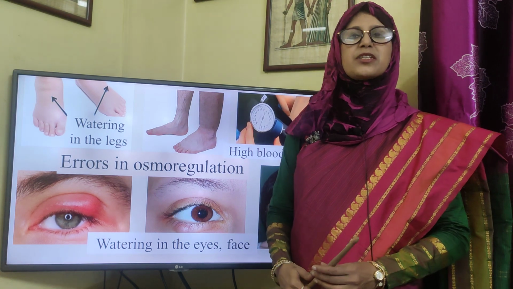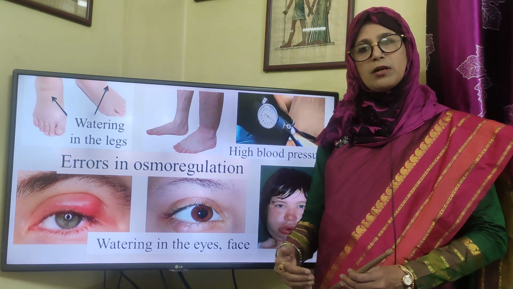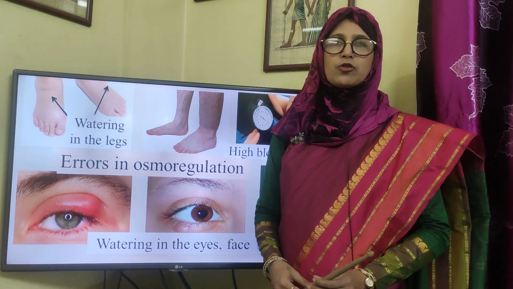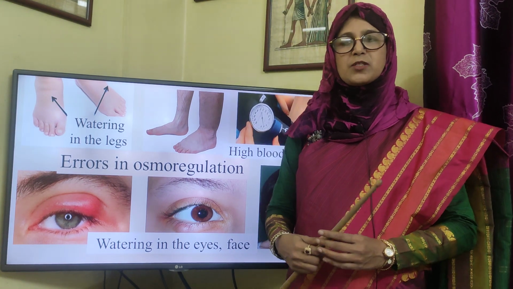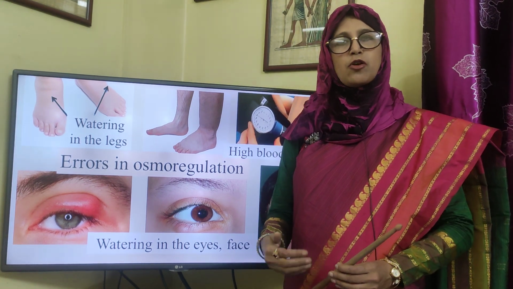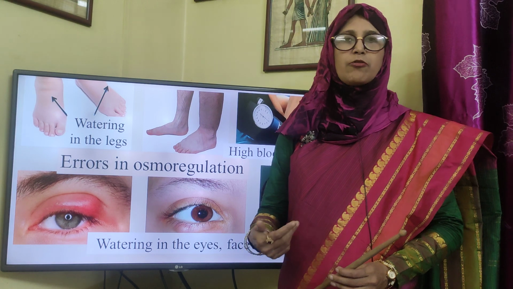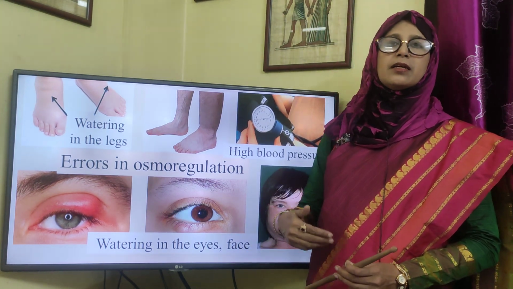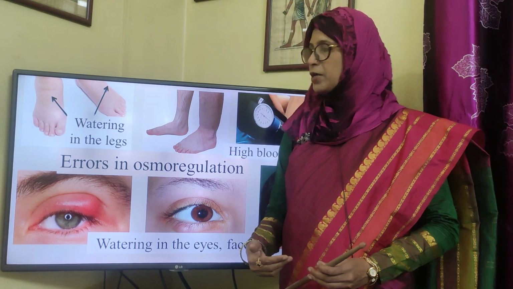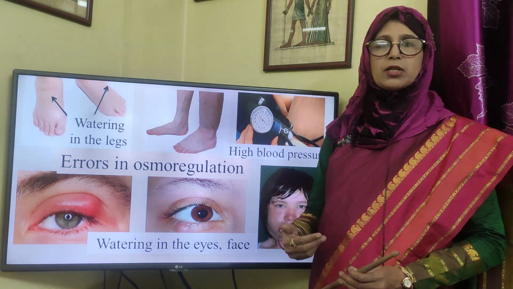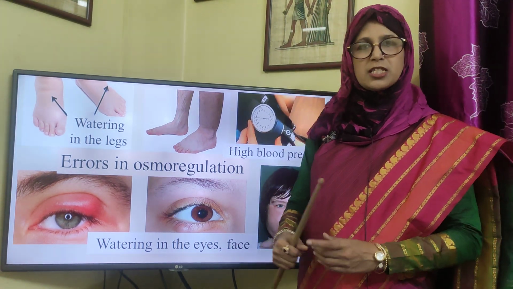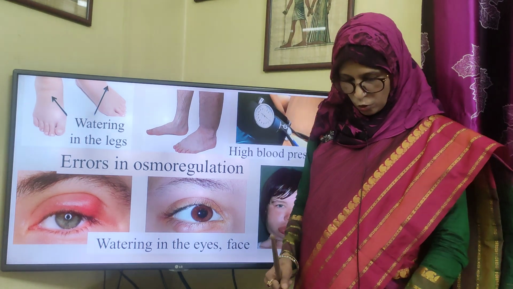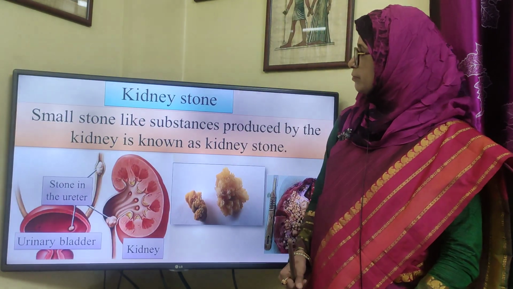In the previous class we also said that we must take water, but not too much or too little, according to our body's need, because taking more water is a problem, and drinking less water also creates problems. This balance is controlled by osmoregulation.